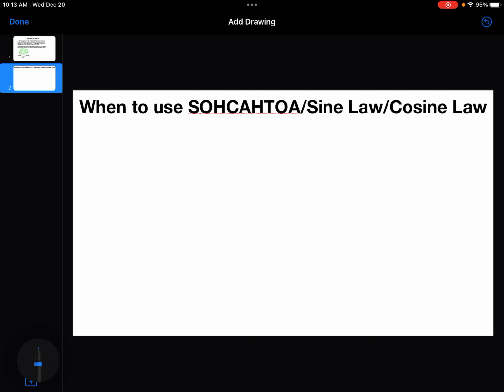So when to use SOHCAHTOA? SOHCAHTOA is for right angle triangles. Then we have sine law and cosine law.